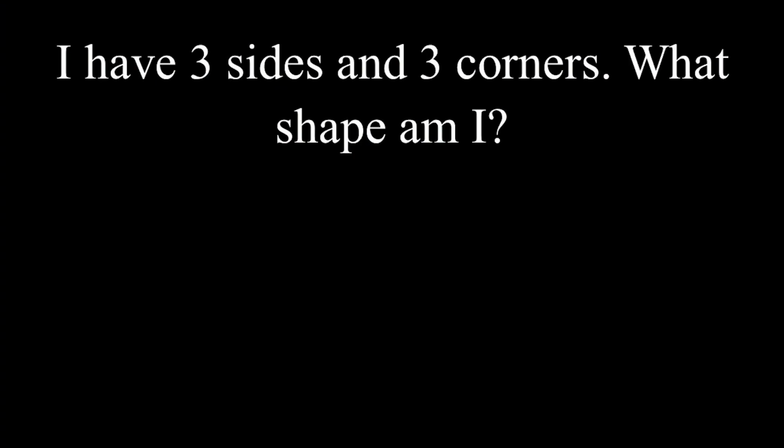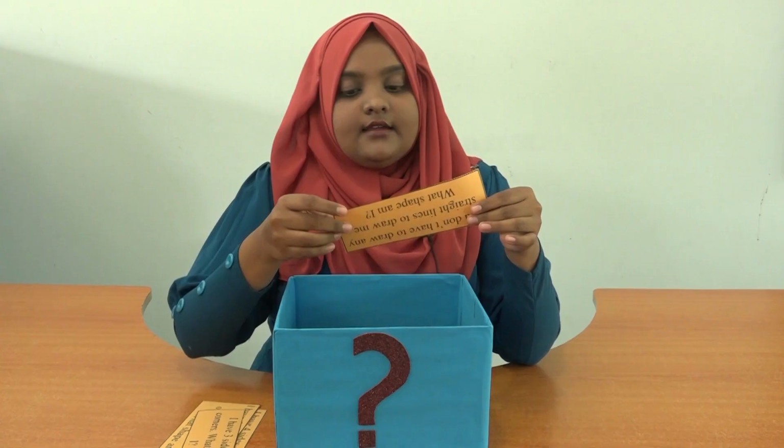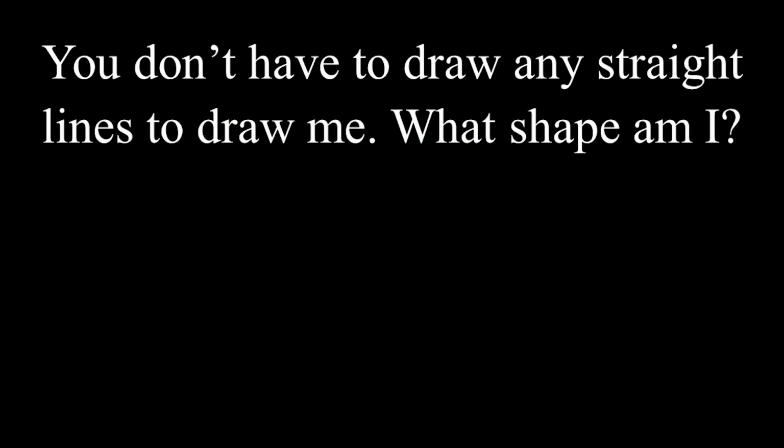I have 3 sides and 3 corners. What shape am I? I'm sure you will know this. And the last question, you don't have to draw any straight lines to draw me. What shape am I? Think and write your answer.